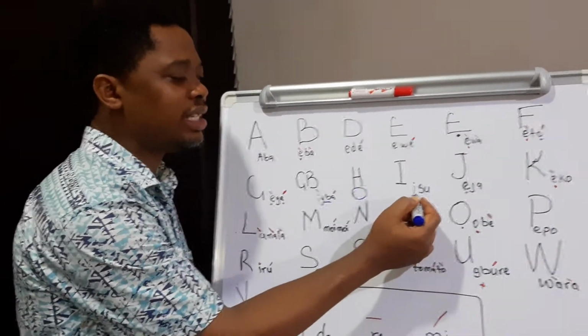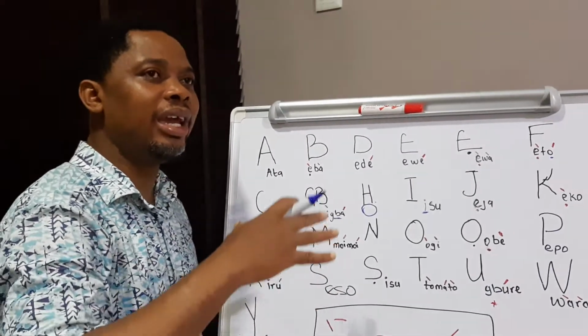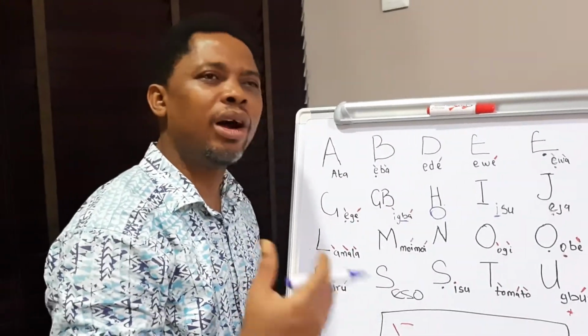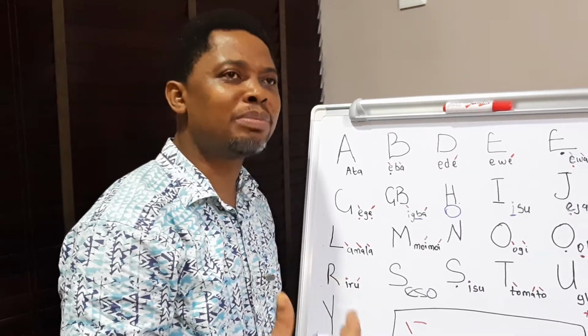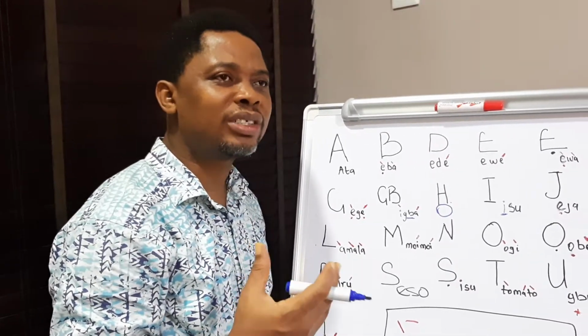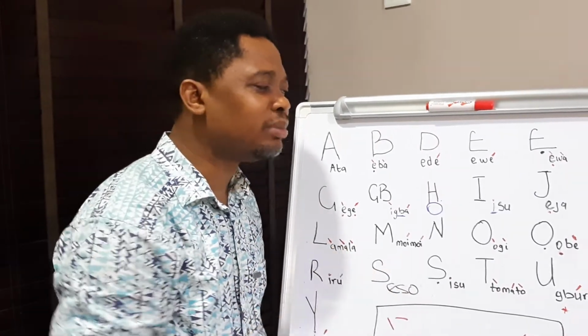The sound here is ishe. The sound H and E, they almost sound alike. In fact, when you see a Yoruba person talking, sometimes it's hard to differentiate the difference between the two.